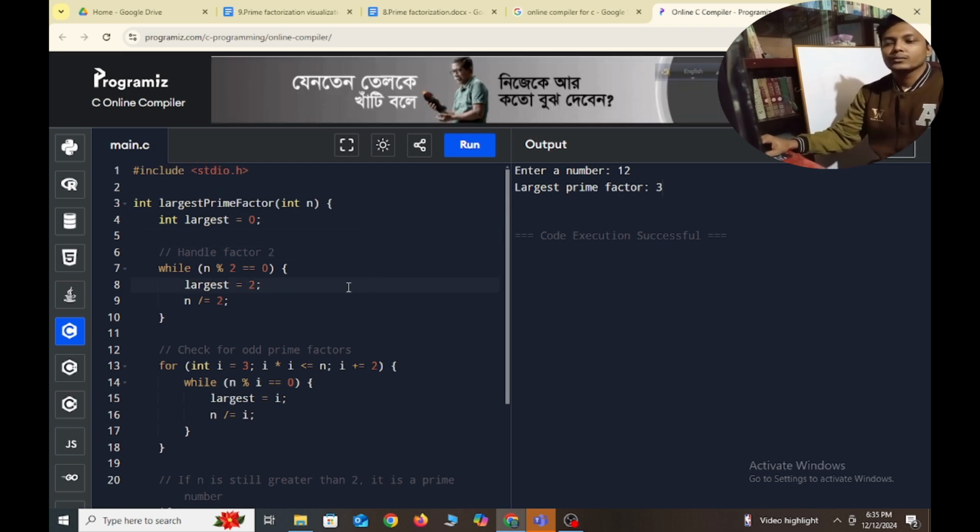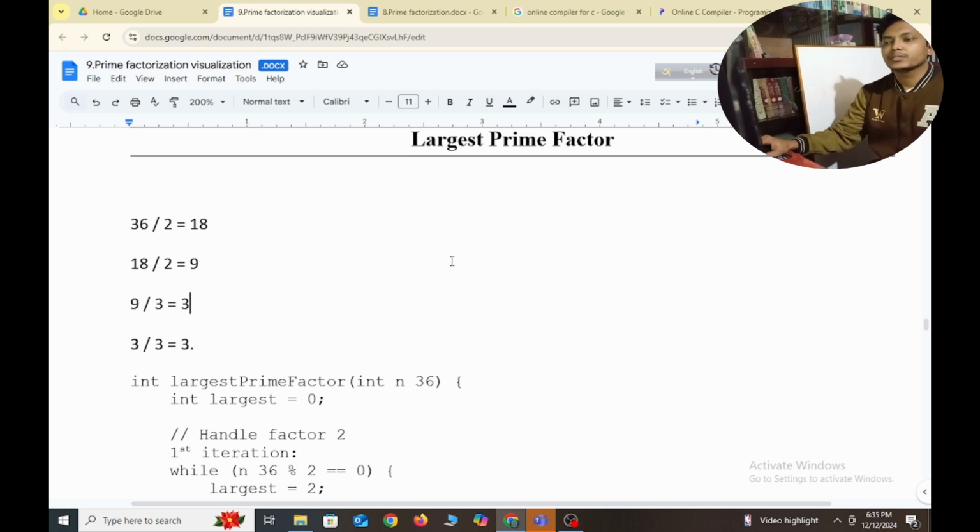So first of all, if you see this screen, let's say we took a number 36, okay? So 36, we have to start dividing by 2, okay? So we need to know how many times 2 can divide that number, okay? So 36 divided by 2 is 18, okay?